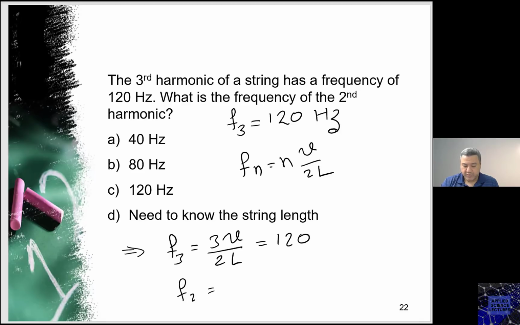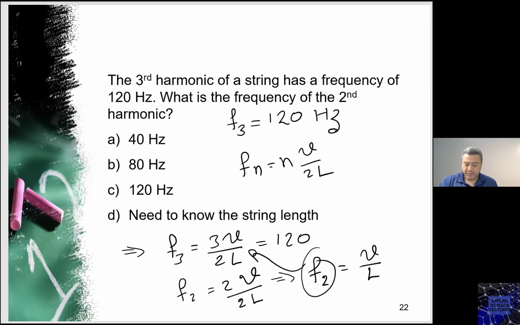Then my second harmonic, F2, equals 2V over 2L, so F2 equals V over L. Now, if I substitute V over L with F2 here, then what do I get?